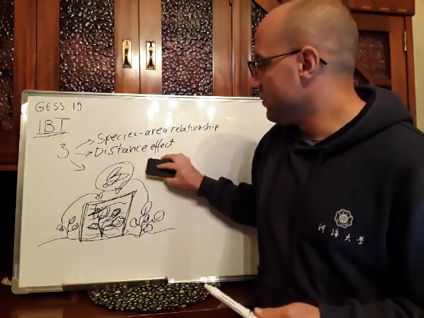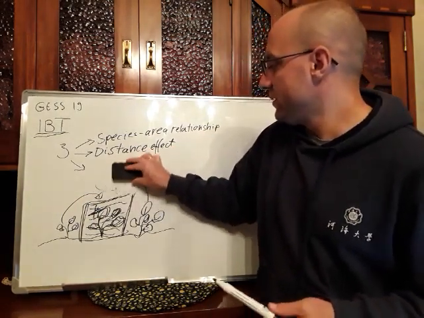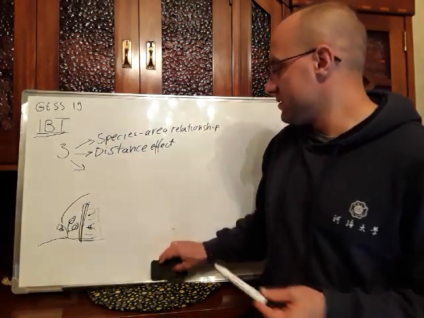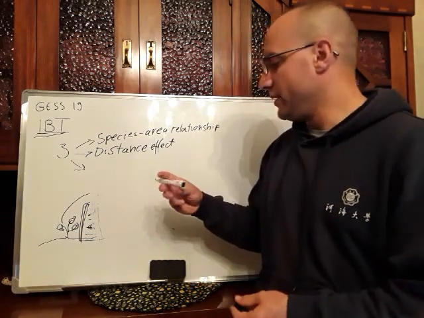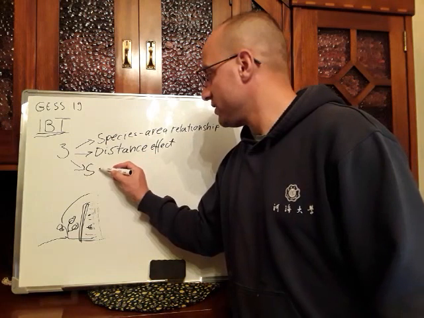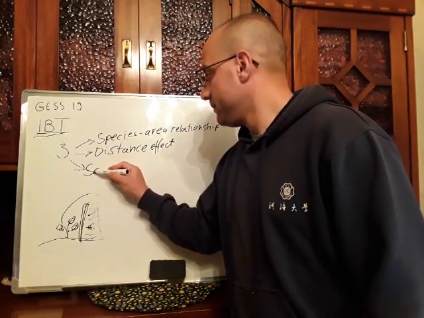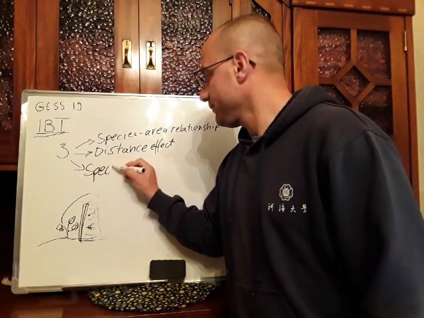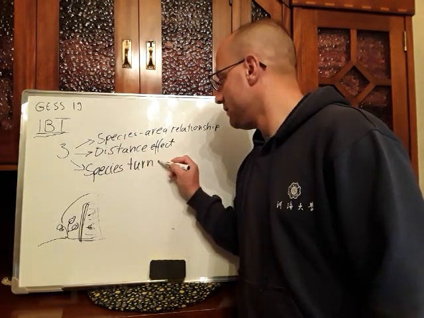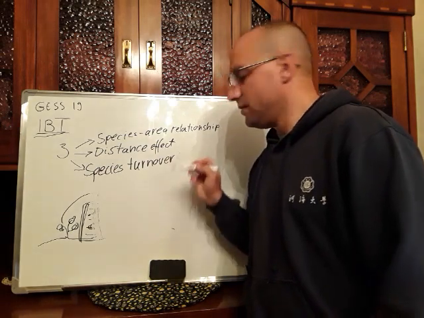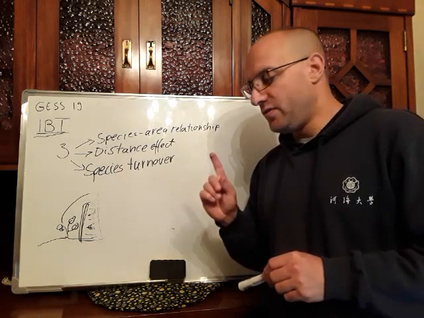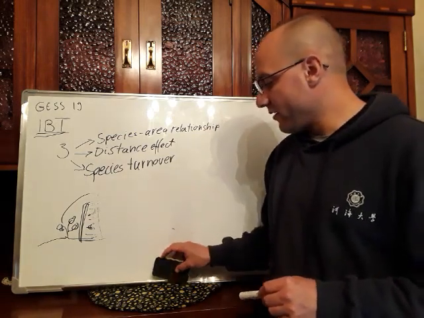So I'm just going to erase this a little bit and put here species turnover. So in nature we see that species would be changing, there is no definite species number in any area.